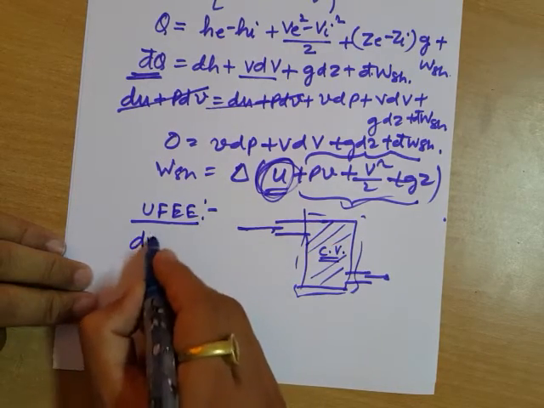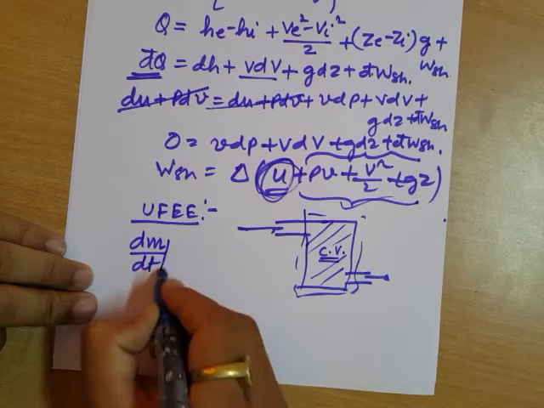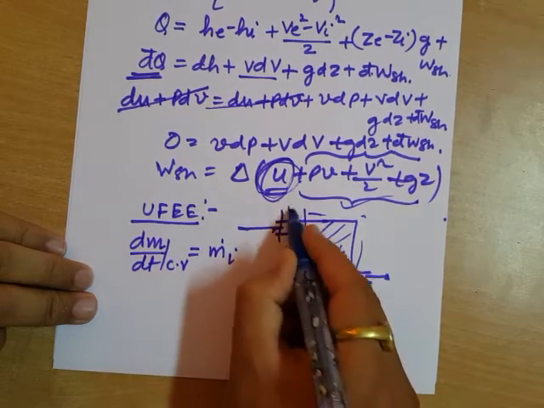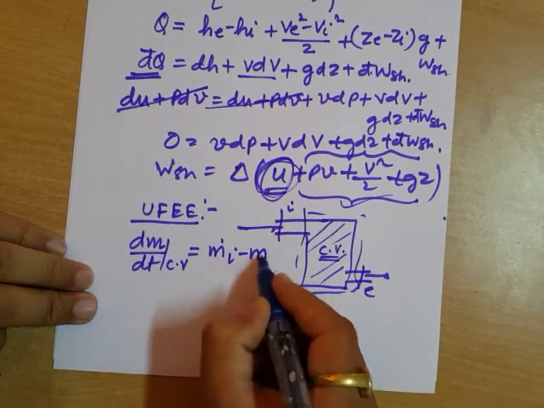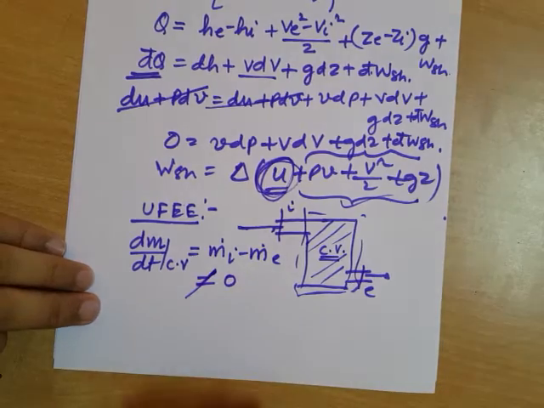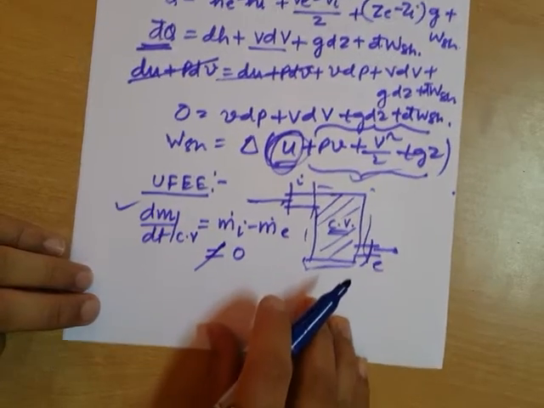That is, the rate of change of mass in this control volume is m dot I, if this is inlet and this is exit, minus m dot E, and this will never be 0 because this is an unsteady case.